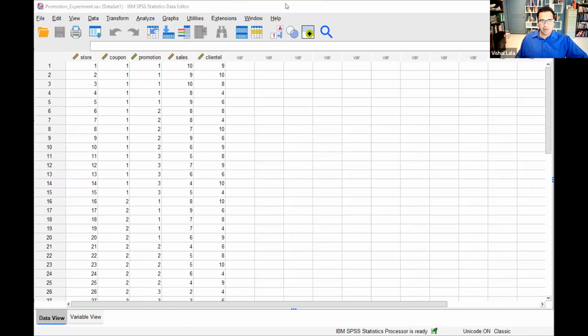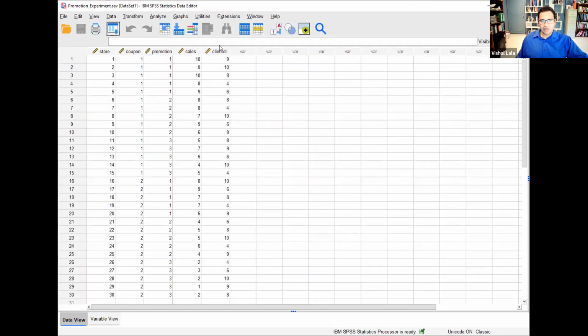So here's our data. It's a data set called promotion experiment and looks like this. It's a small data set. We have 30 stores and 30 rows of data. And you'll notice for these 30 stores, a total of 15 stores are in the no coupon condition.